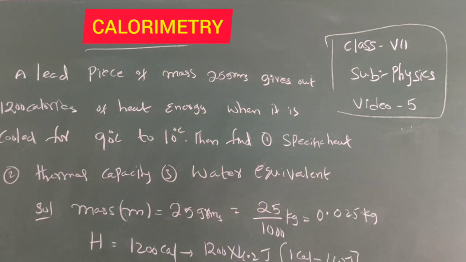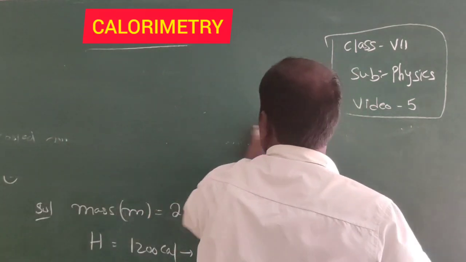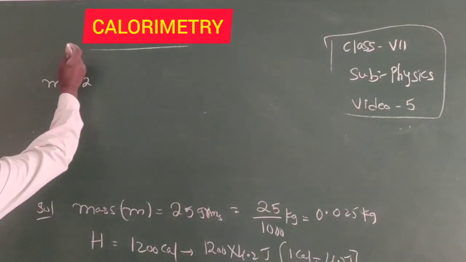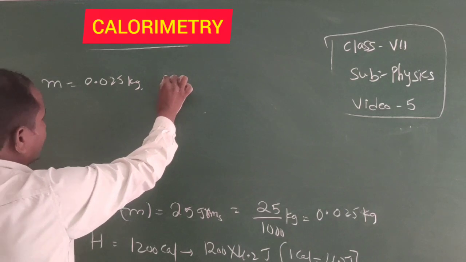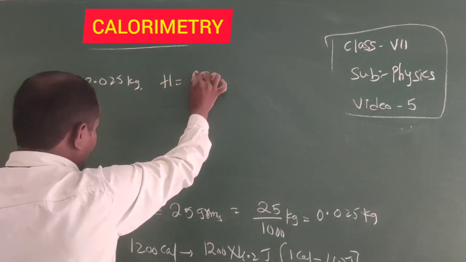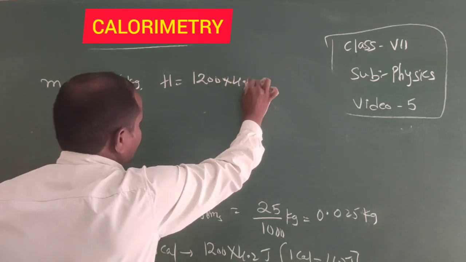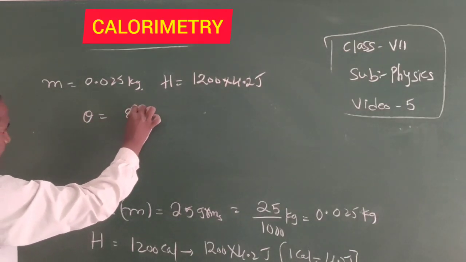First, the specific heat capacity. We know that heat energy H equals m s delta T. The heat energy is 1200 into 4.2 joules, and the change in temperature is 80 degrees Celsius.